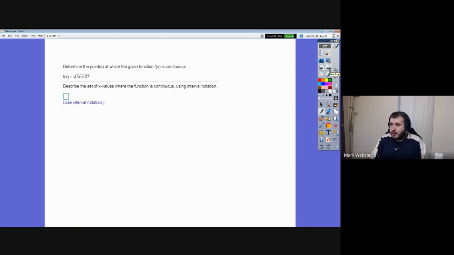So again, same thing here. We've got a square root, right? Square roots have to be positive, right? So all we're going to do with this one is we're going to say, all right, well, 3x plus 27, because the thing underneath the radical has to be greater than or equal to 0.